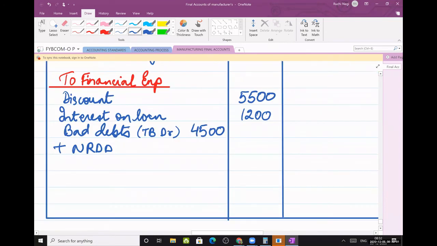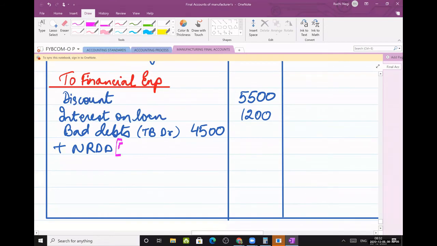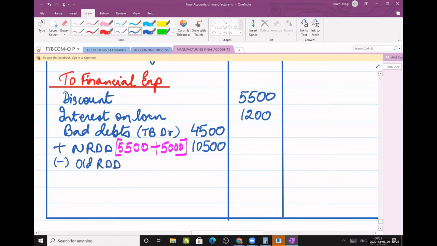So how much is it? 5,500. It is said to increase it by 5,000. Okay. So this figure becomes 10,500. Less old RBI. This is trial balance credit side.